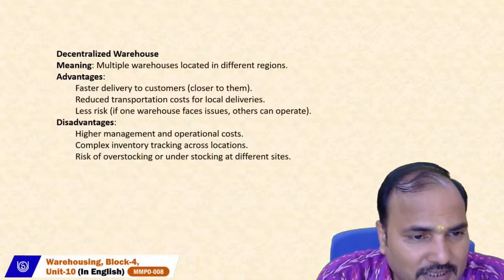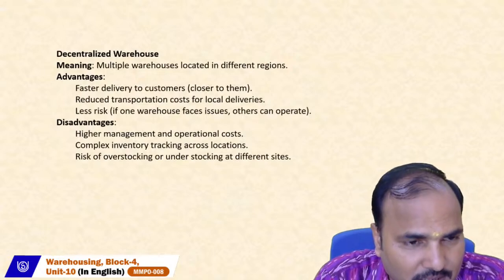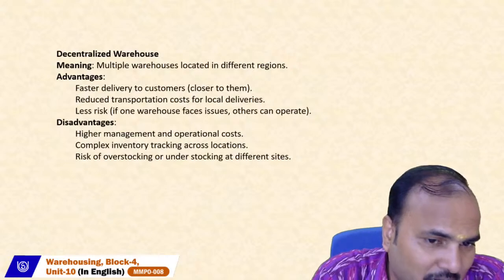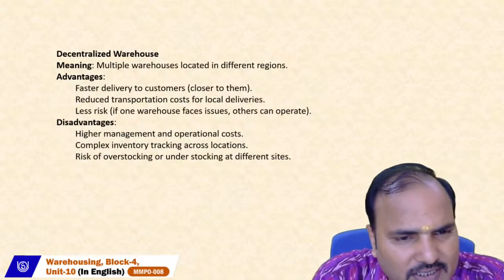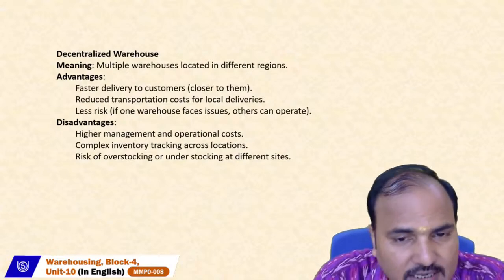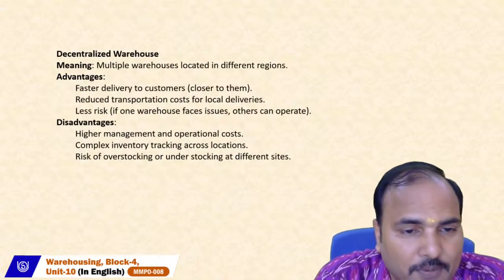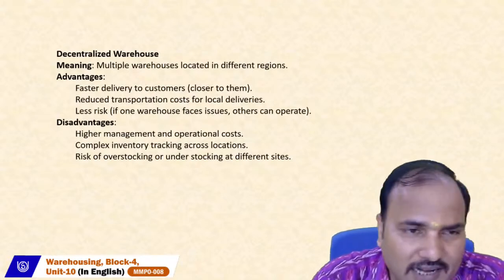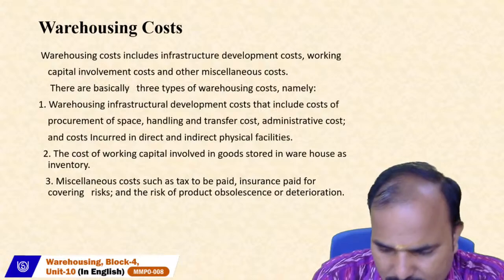In the decentralized warehouse, the management and operational cost is high, there is complex inventory tracking across locations, and risk of overstocking and understocking at different sites may occur. So this is the basic difference between centralized and decentralized warehouses.